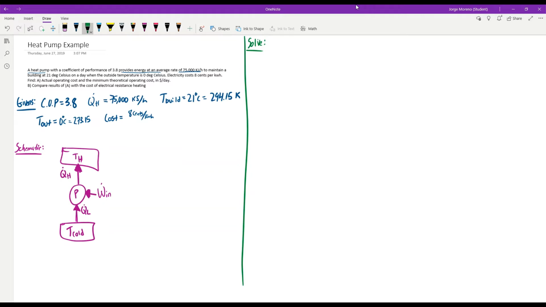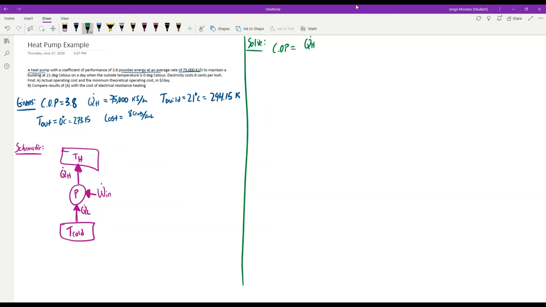So let's start by finding the actual cost. So we know the coefficient of performance is 3.8. And we know that the equation for the coefficient of performance for a heat pump is again the desired output over the work in. And for a heat pump, our desired output is QH, because this is the heat that's going to be warming our house in our example.